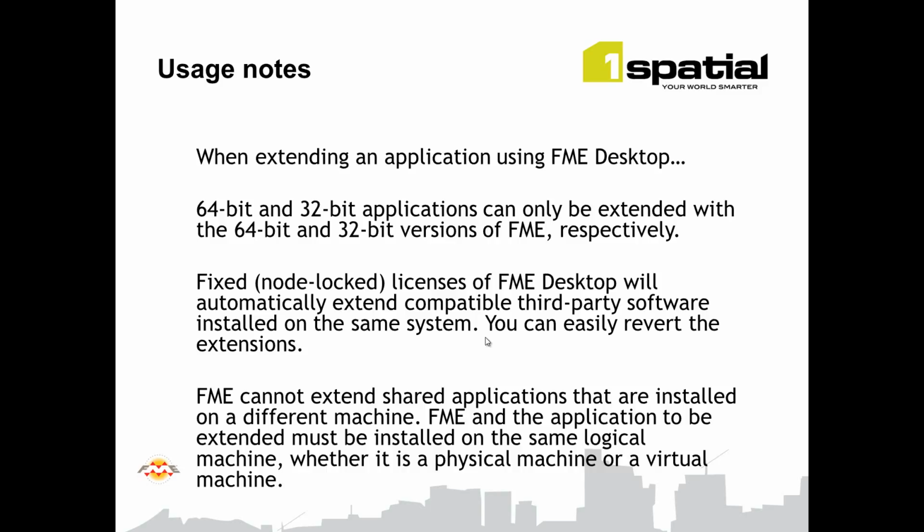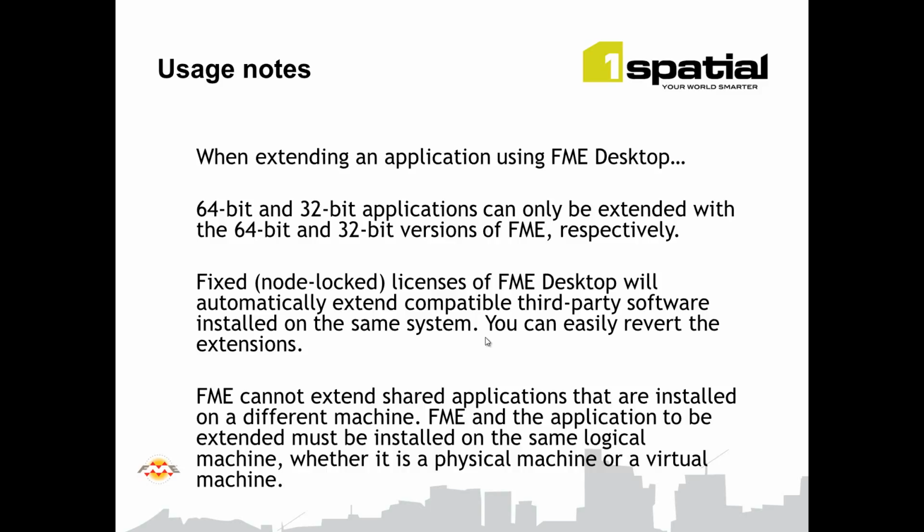The other thing to be aware of is that fixed or node lock licenses of FME Desktop automatically extend compatible third-party software installed on the same system. So that's just something to be aware of. It's not necessarily a problem. For floating licenses, it's not auto. You have to go and actually apply the extension manually.